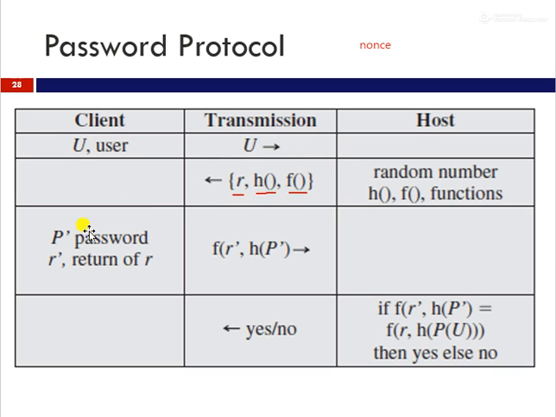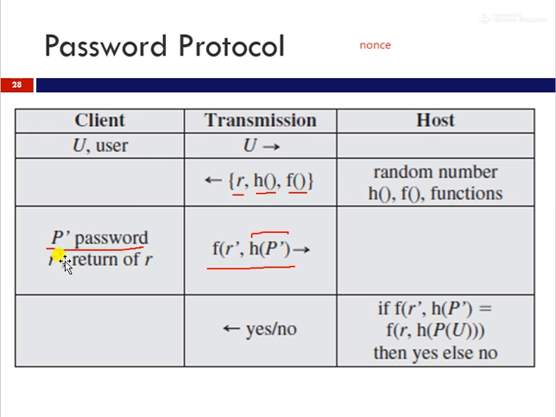The client will enter his password on the system, and it received this r from here. This is the message that is generated by the client. The client will first calculate the hash of his password, and then concatenate or combine it with the received r value.